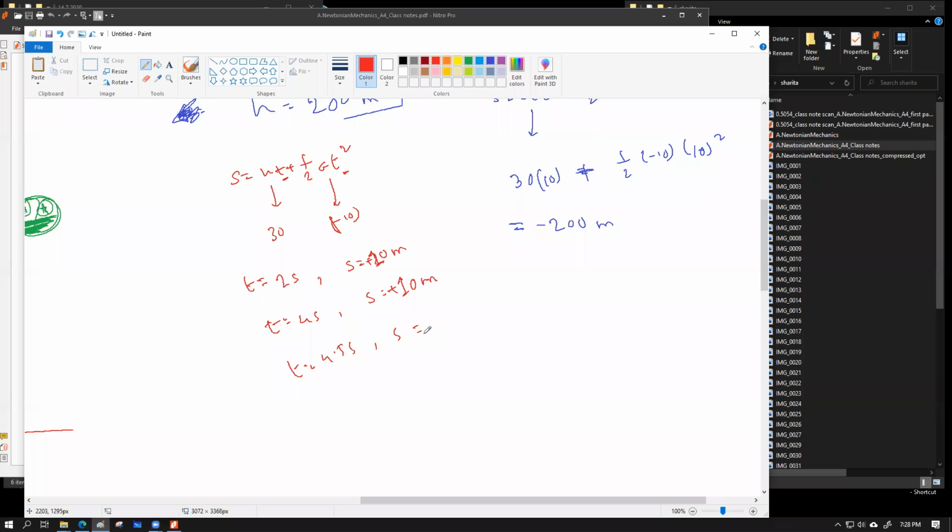So it's minus 71.25 into 4.5. Acha, I'll bring a calculator. 30 into 4.5 plus 0.5 into -10 into 4.5 square.